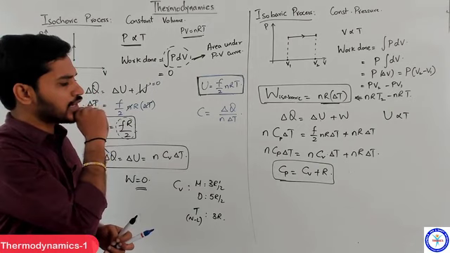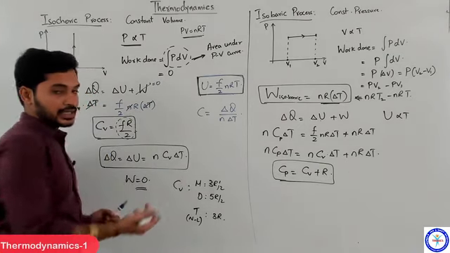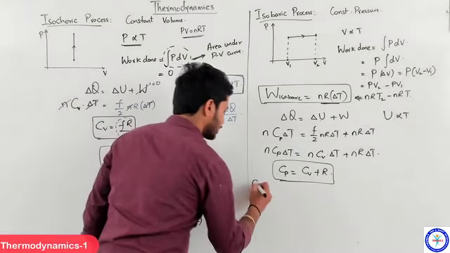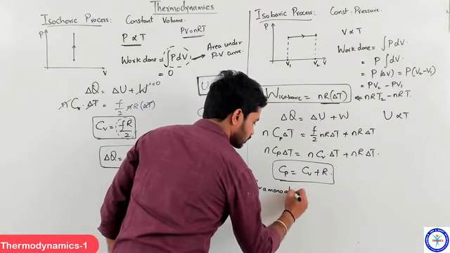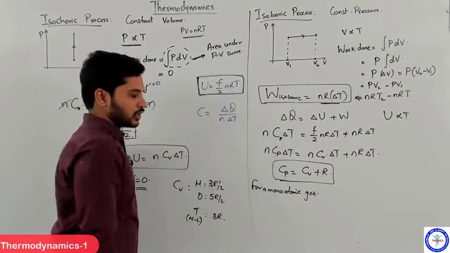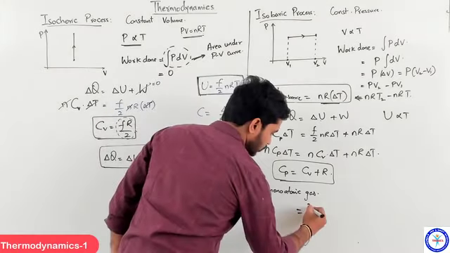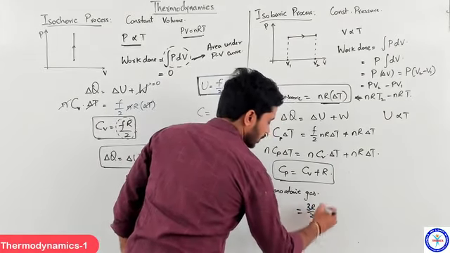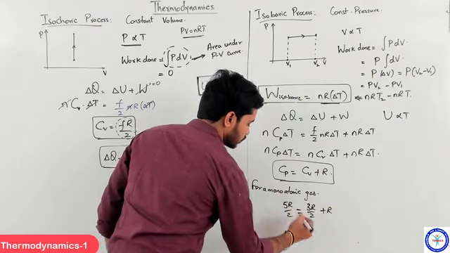So you can also understand it like this. For example, let's say I take a monoatomic gas. For a monoatomic gas, you know that the value of Cv is 3R by 2, plus R will give you the value of Cp, which is 5R by 2.